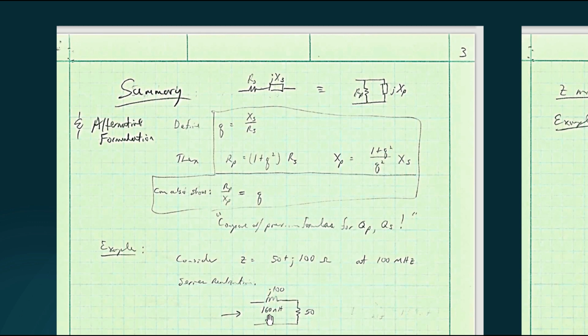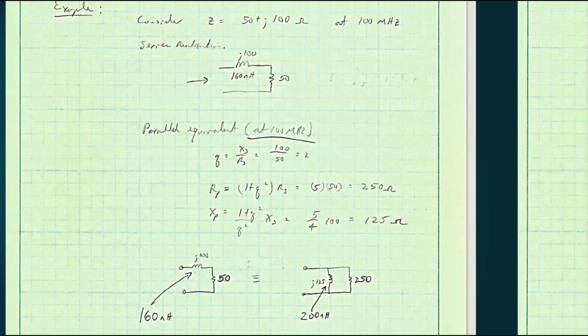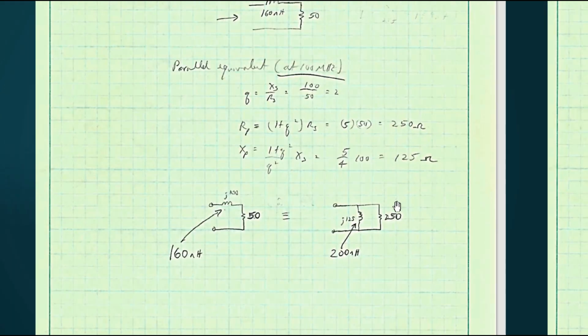That works out to be 160 nanohenries at 100 megahertz. So what is the parallel equivalent of 50 plus j100? Well, we ran through the formulas here, and it comes out that the parallel resistance is 250 ohms, and the parallel reactance is 125 ohms. So the circuit that we get is right here.